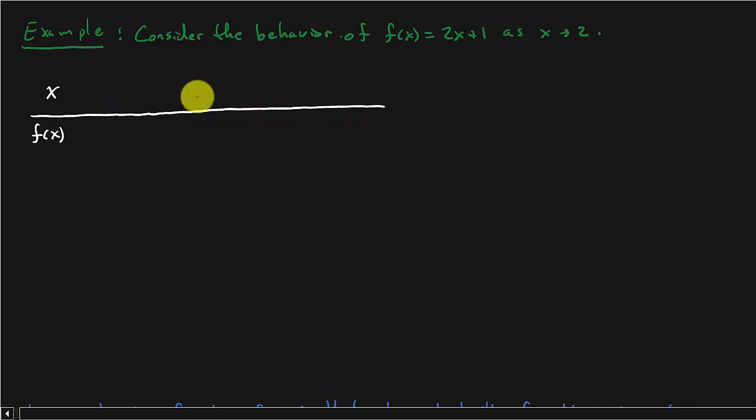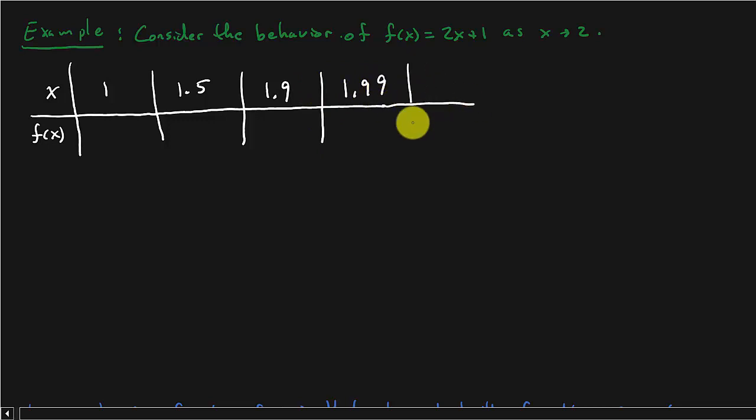All right, so I've got some x values here, and I've got some f of x values. And so what I want to do is choose some x values. So I'm going to choose 1, how about 1.5, 1.9, 1.99, and how about 1.999? And I'll explain this a little more in just a second.